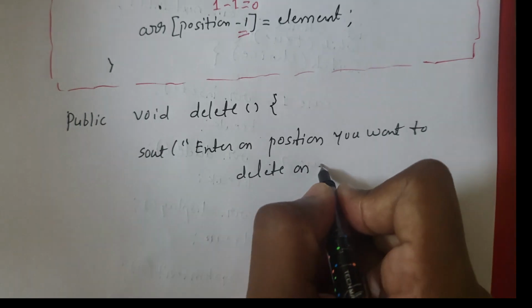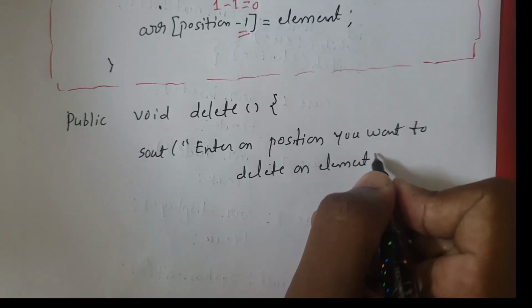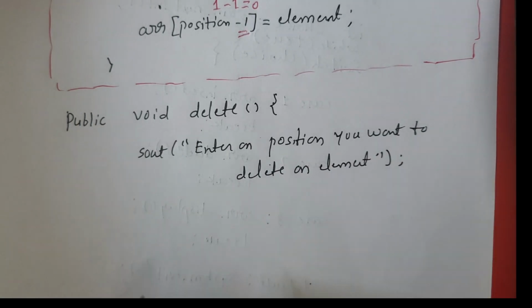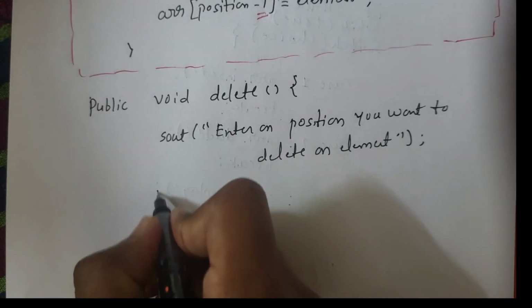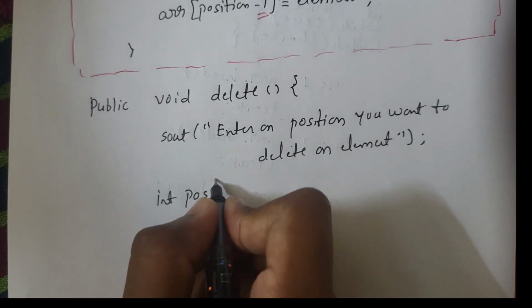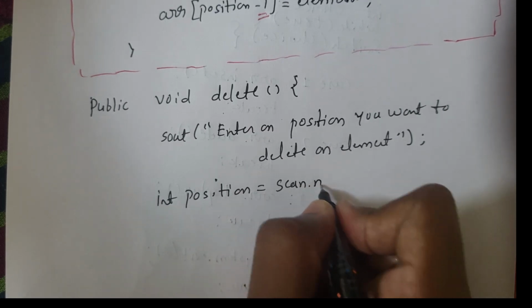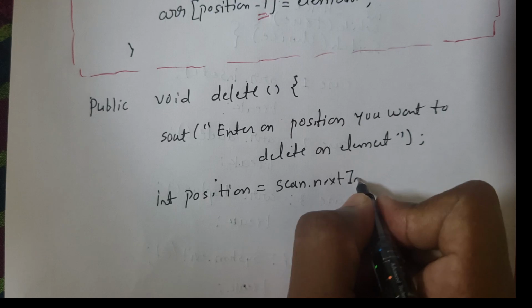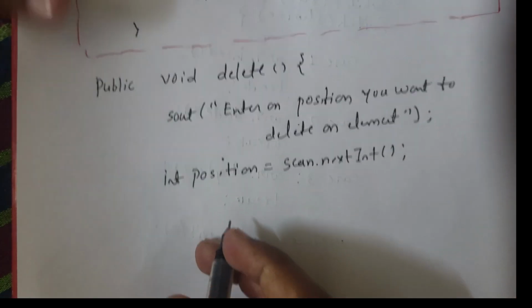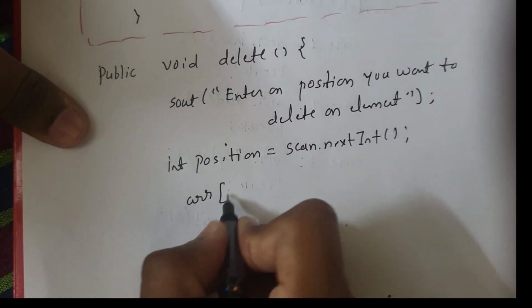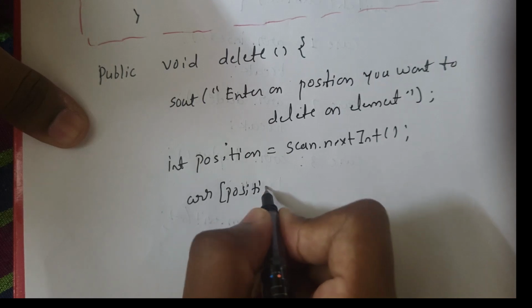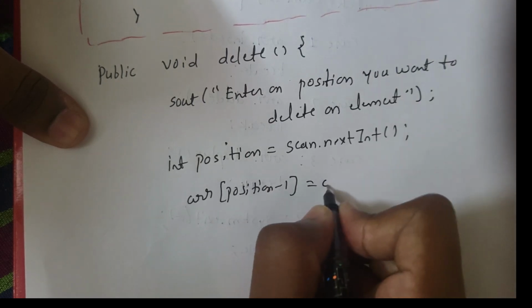We will store that in one variable, int position. Using the scanner object I would take it from the console. Simply we will make array of position minus 1 equal to 0.